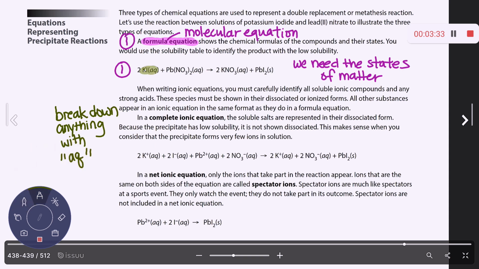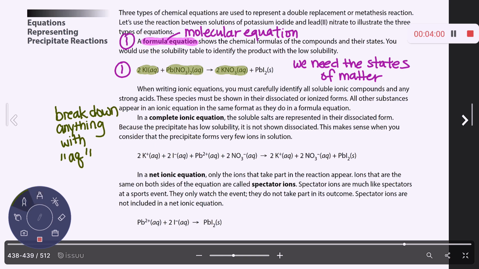So that means this, this, and this are the ones that I have to break down into ion form, okay? And I'm going to do this slowly because it can be kind of detailed, and I want to make sure you understand where I'm getting the charges from, so that's why you need to reference your periodic table with all the nomenclature notes on it while we're doing this, okay?